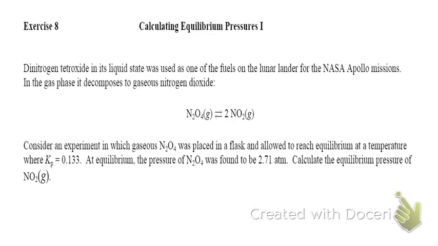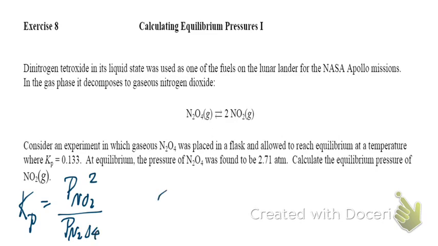So Kp is equal to the partial pressure of NO2 squared over the pressure of N2O4. Then you plug in what they gave you. 0.133 is equal to x squared over 2.71, and then you just solve for x.